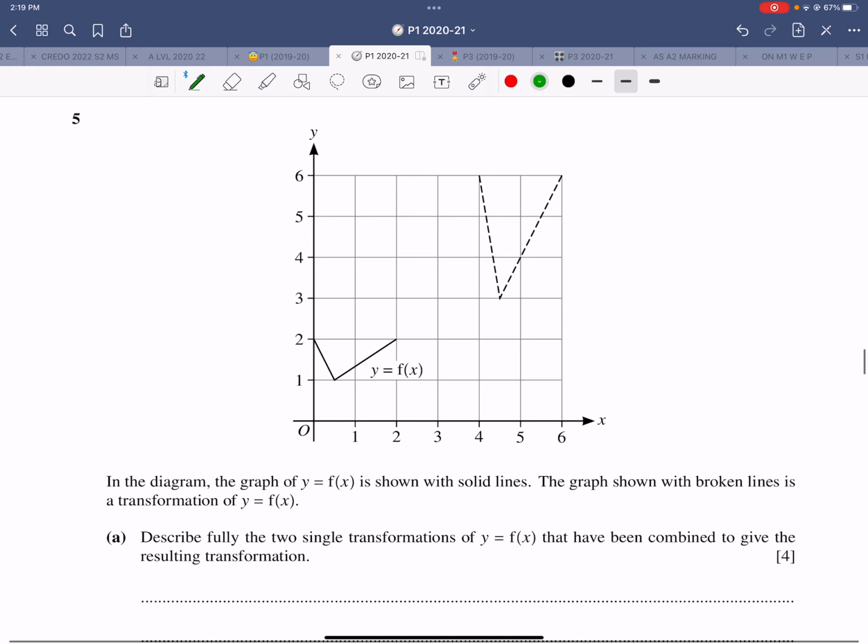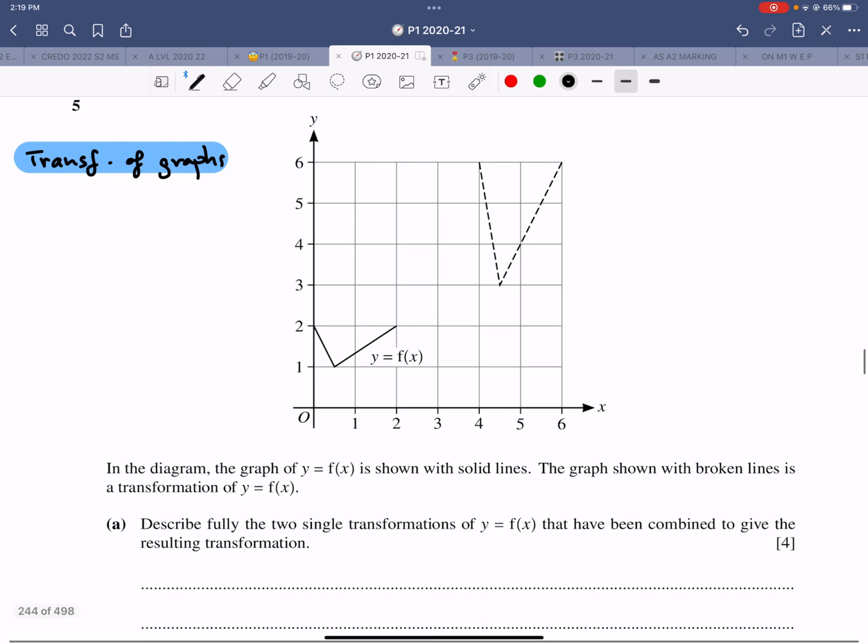Question number 5. Definitely, it's a question of transformation of graphs. There were 6 transformations, if you would remember. Now, whenever you look at this question, instead of reading the question, first focus on the graph itself.